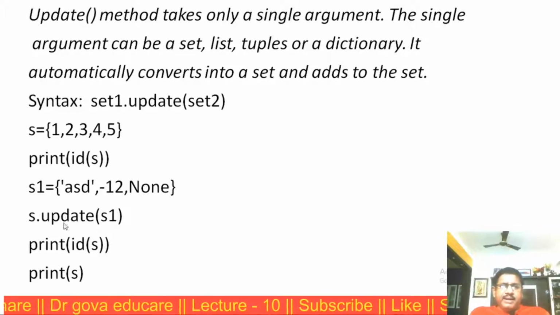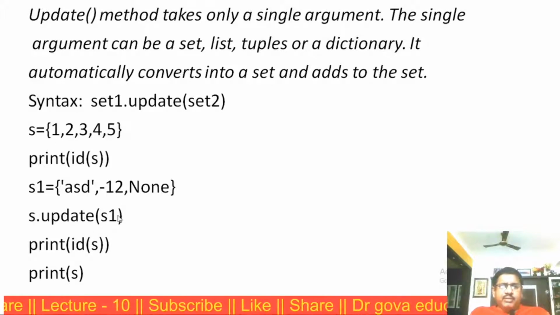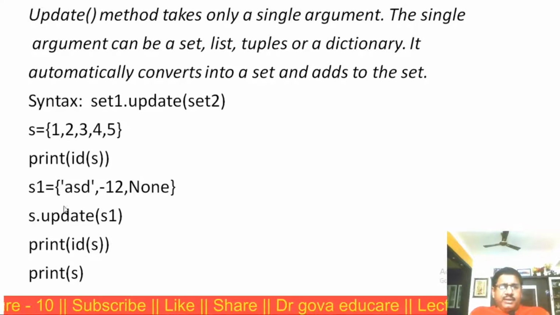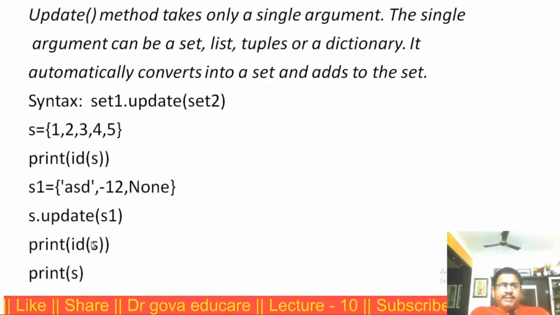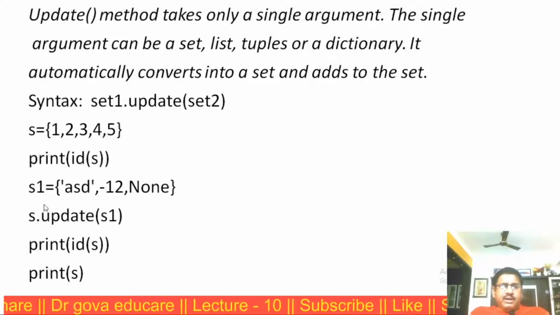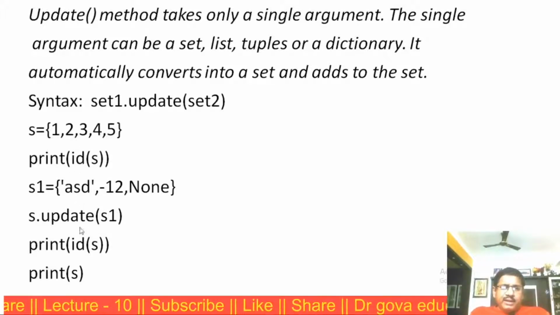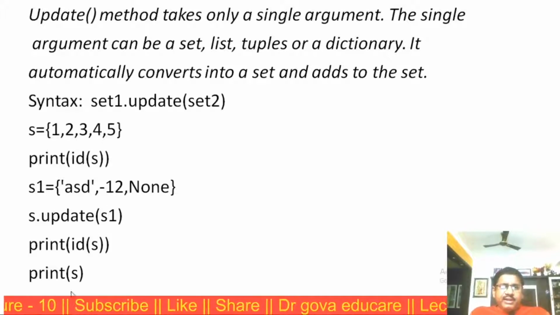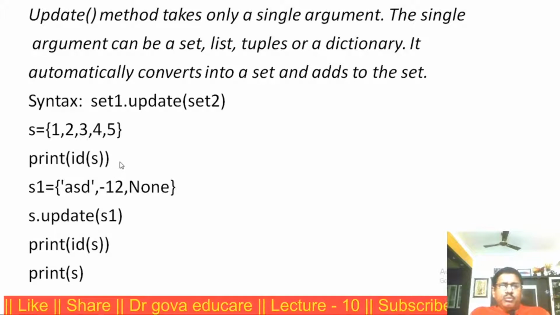I am updating the set, S.update(S1). This is the ID of S. I am printing S. Now both IDs are the same. The ID after updating the set is the same. That means the set data type is a mutable data type.